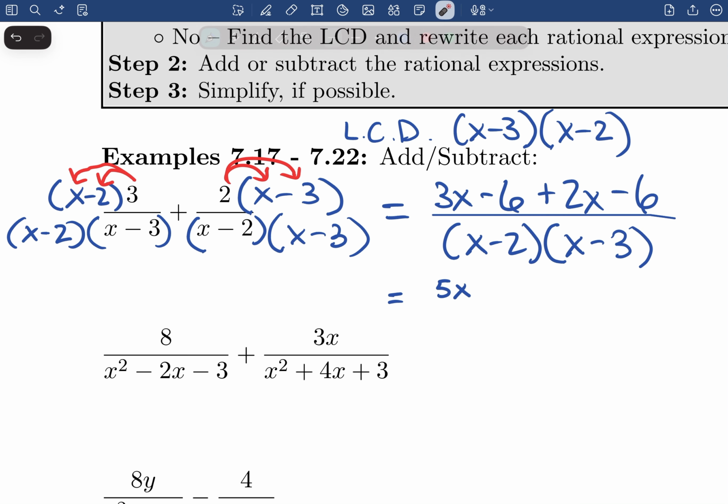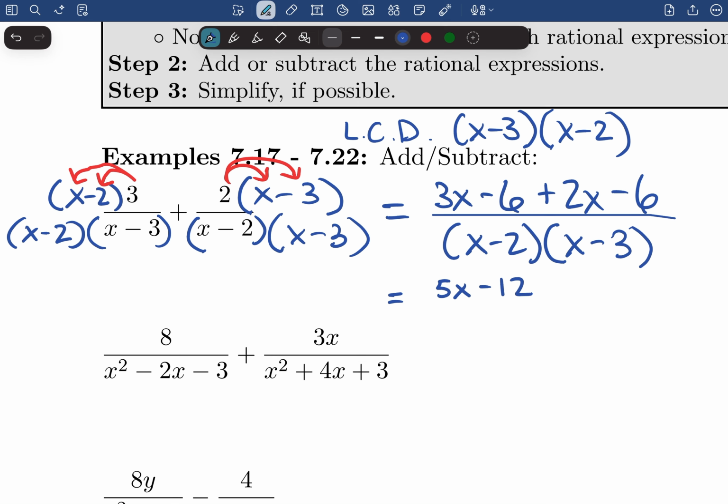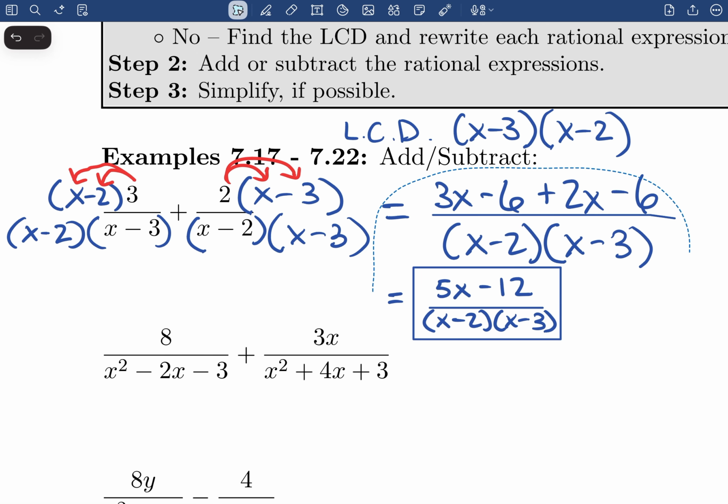And then there's a negative 6 minus 6, which gives me a negative 12. That's all divided by the x minus 2 times the x minus 3. This is my final result. It can't be simplified any further. That is as far as it goes. All right, so that's it.